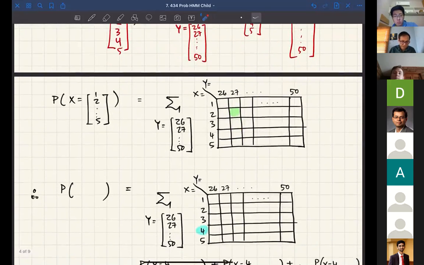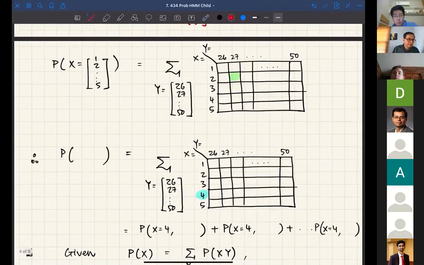Okay. So that means if someone says Px equals 4, then X needs to be 4 over here, and Y needs to be everything from 26 to 50.